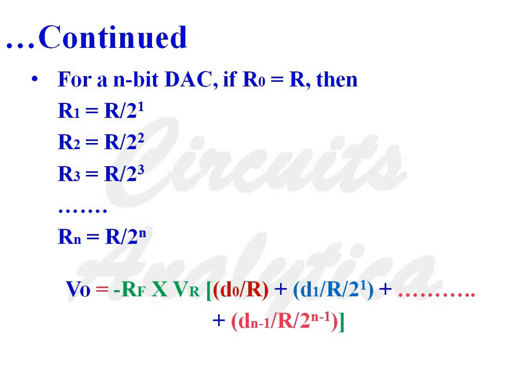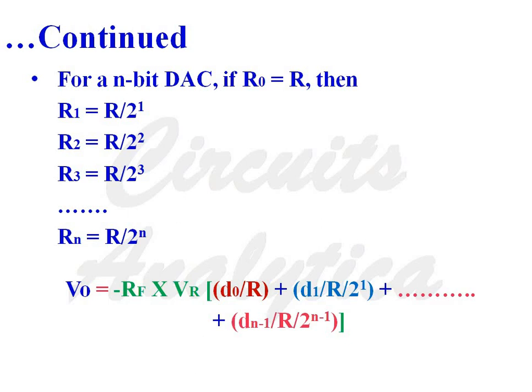For an n-bit binary weighted resistor digital to analog converter, if R0 is equal to R, then R1 is equal to R by 2 raised to 1, R2 is equal to R by 2 raised to 2, R3 is equal to R by 2 raised to 3, and Rn is equal to R by 2 raised to n.